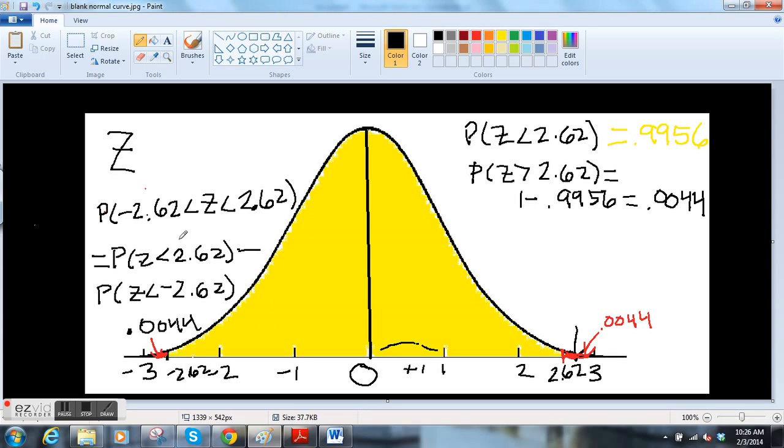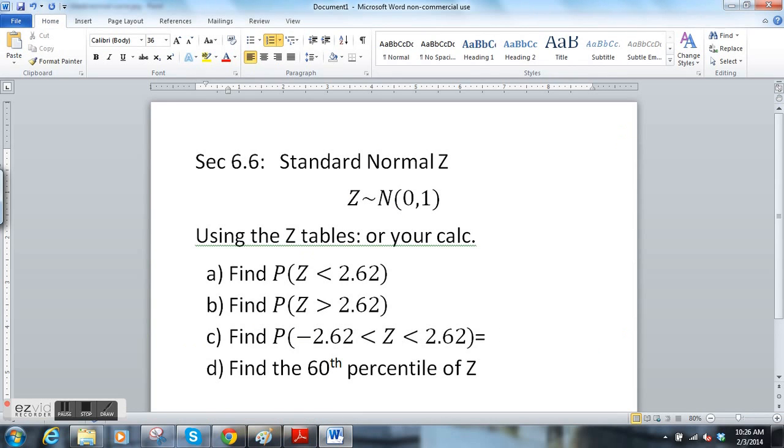So now we know that the probability of the area in the middle is going to be equal to 0.9956, this whole area from there all the way back, minus that little tail, 0.0044, which equals, I believe, 0.9912. So the answer to that one here would be 0.9912.